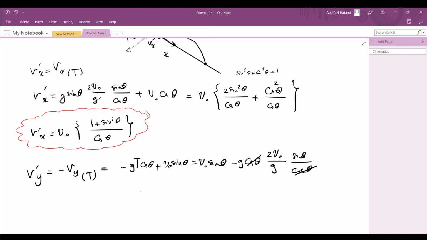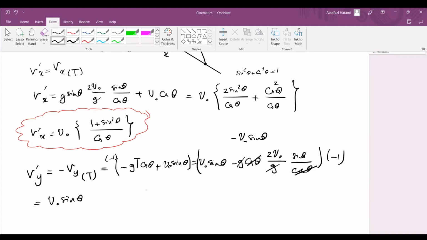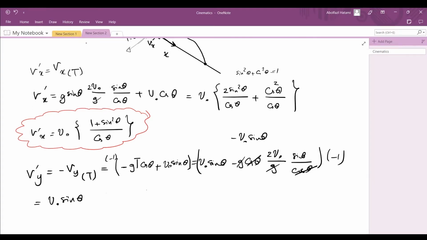We can eliminate this and this with this. So it's minus 1. Sorry, we should multiply this by minus 1. With minus 1, you can see that it is minus v0 times sine theta, so it equals v0 sine theta, and it is also the v prime of y. The cloud around it.